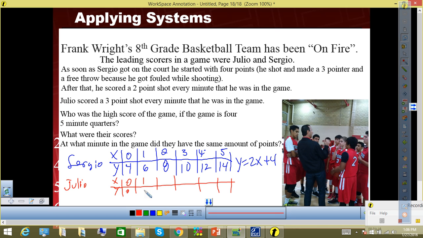After 1 minute, 2 minutes, 3 minutes, 4 minutes, and 5 minutes. Who has Julio's equation? Okay, Santi. Okay, hold on. Why not plus 5? Because he didn't start off with, he started off with what?